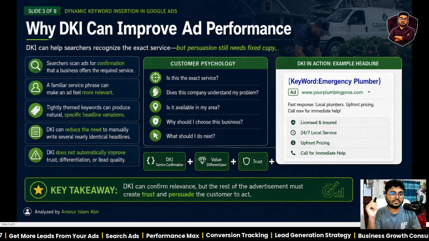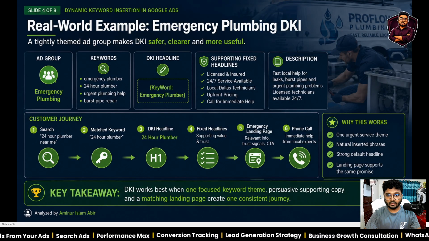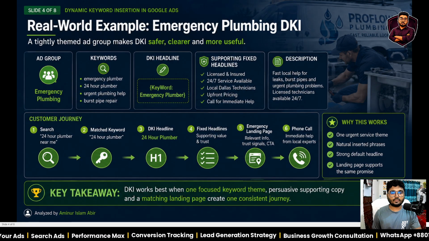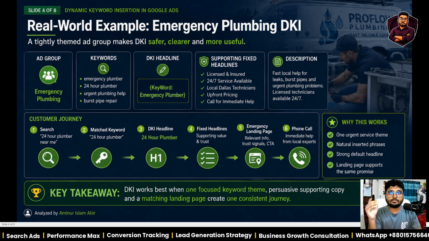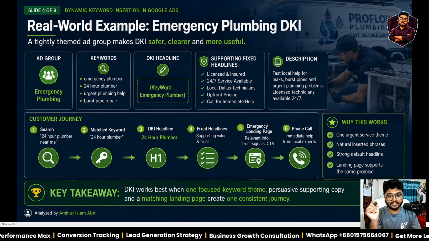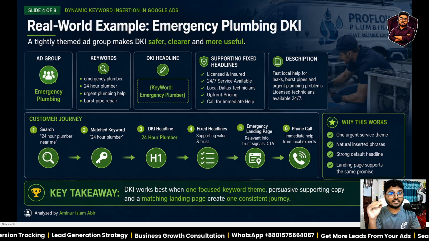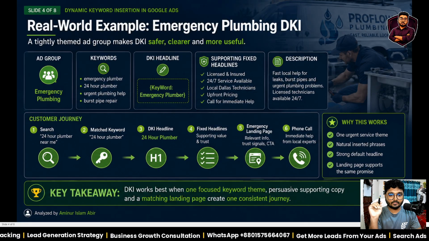Let's apply this to an emergency plumbing setup. So this is my slide 4. Here I describe a real-world example about emergency plumbing DKI. The ad group is emergency plumbing. The keywords include emergency plumber, 24-hour plumber, urgent plumbing help, and brass pipe repair. The DKI headline is emergency plumber.